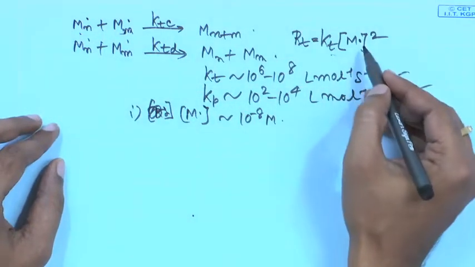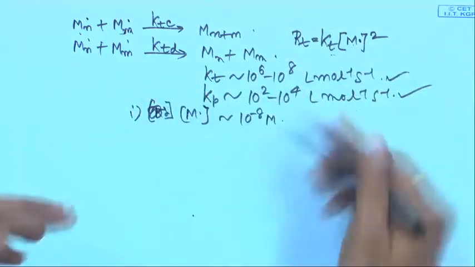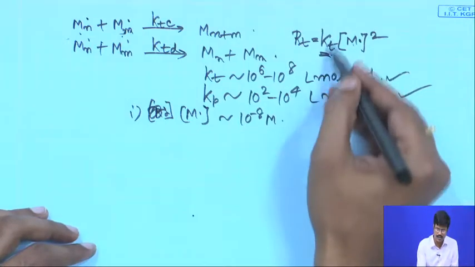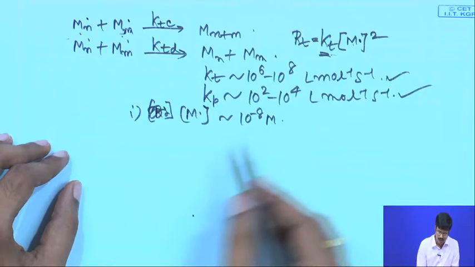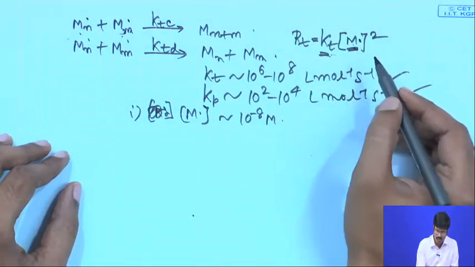And why is it M dot? Because we are not saying it is Mn or Mm, it is two radicals that are coming together, and it is square because two concentrations are involved, and Kt is in general the termination rate constant. So, this M dot is very low.